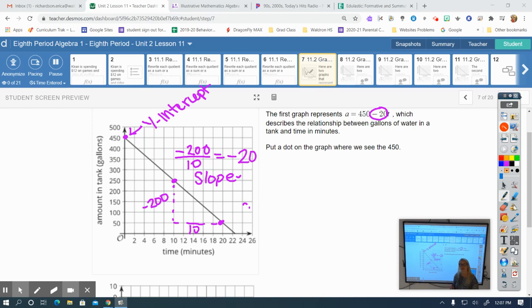What the slope tells us is that you're losing 20 gallons every minute. So you start out with 450 gallons, and then you lose 20 gallons every minute. So that's what those numbers represented in context.